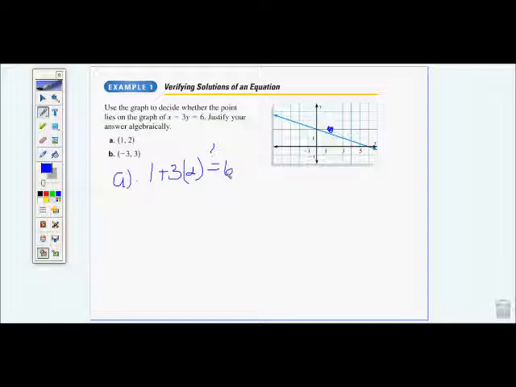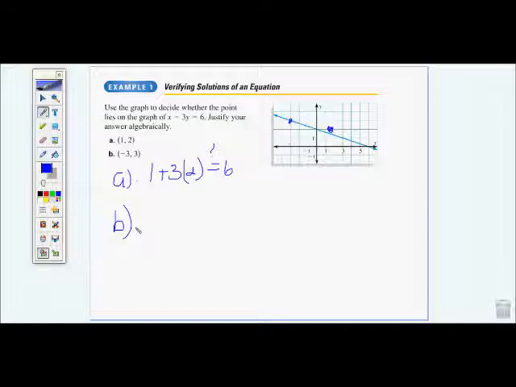The next one says (-3, 3). So I'm going to go over to the left, 1, 2, 3, and then up 3, 1, 2, 3. Now you can see this point, if I do a better job of this one, falls exactly on the line. So if I substitute those values in algebraically, that should make a true statement.